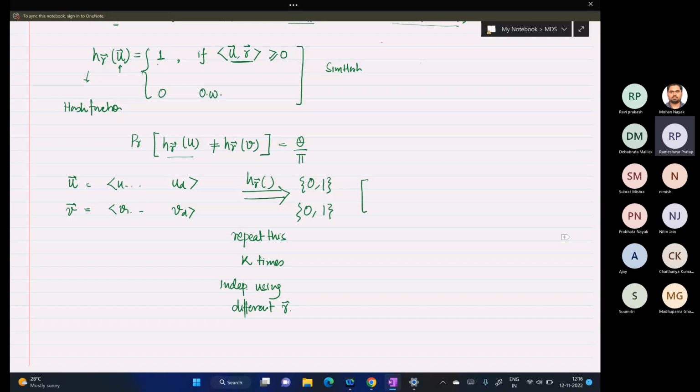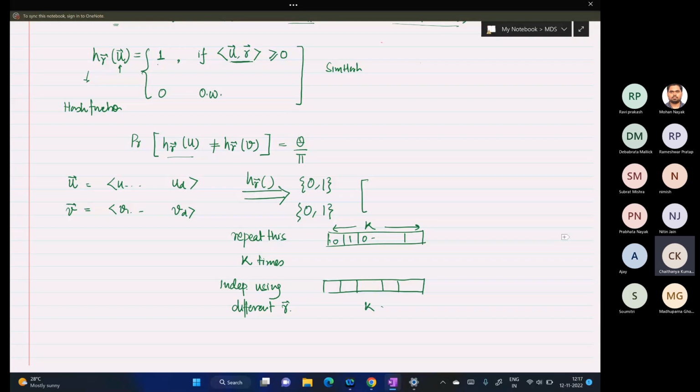So corresponding to u, we'll get a binary vector of size k, with 0s and 1s. This is corresponding to U, and this is corresponding to V. Sir, here our R is equivalent to the hash function, right? Yes, basically R determines our hash function, so that's why we have written R in the subscript.